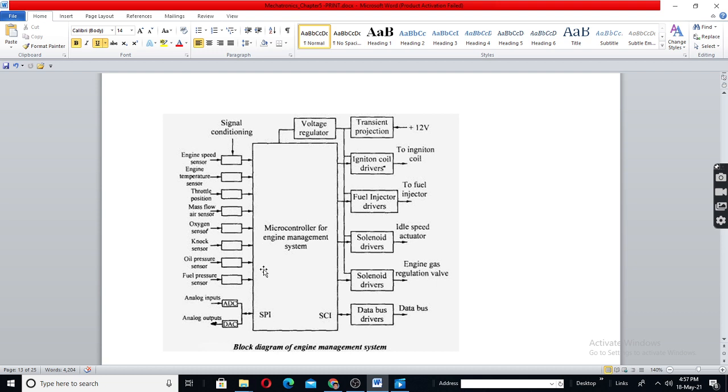The microprocessor will be taking digital signals and also giving digital signals. So the input signals from the respective sensors have to be amplified, filtered, and converted into digital values by the respective signal conditioners.